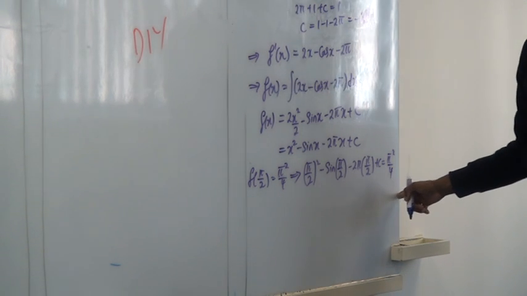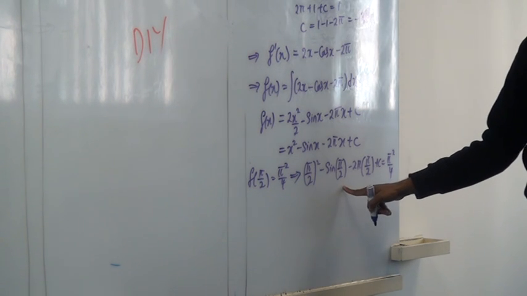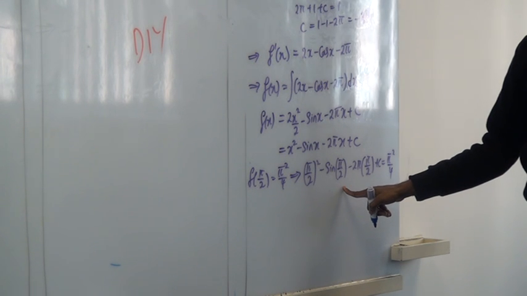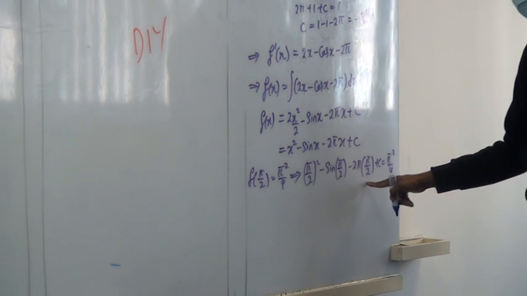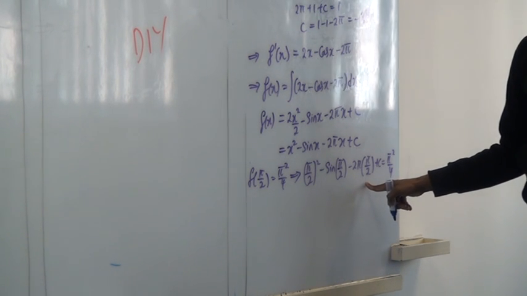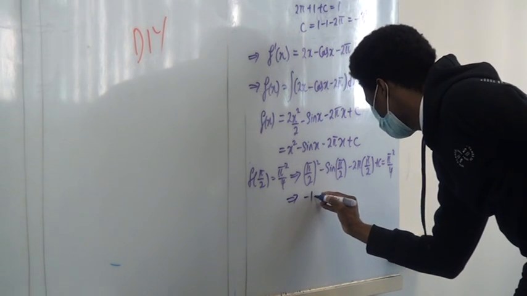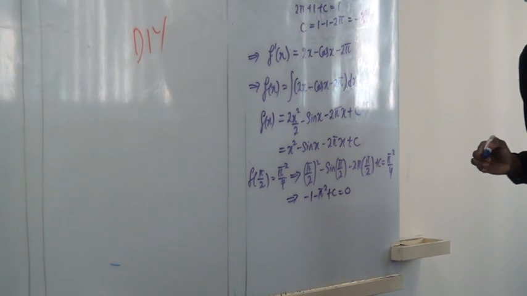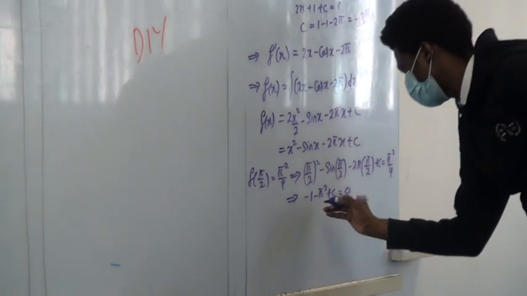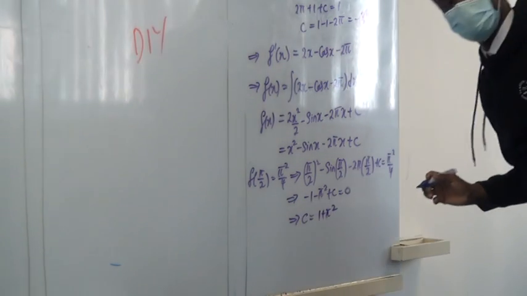Pi squared over 4, pi squared over 4, right? This is gone. What is sine 90? 1. Right? Yes. Pi over 2 is 90, sine 90 is 1. And always check in the calculator. And this is what? Pi squared. Agree? So you are left with minus 1 minus pi squared plus c equals 0. Yes? So when this goes to the other side, your c is equal to 1 plus pi squared.